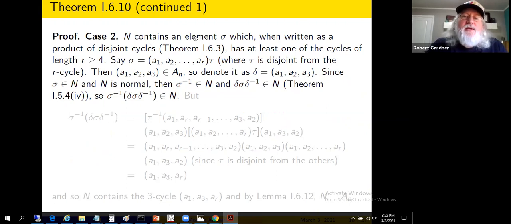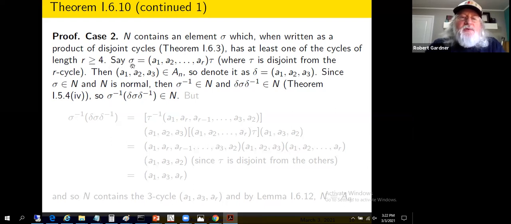Case 2, N contains an element sigma, which, when written as a product of disjoint cycles, I told you we'd be writing permutations as products of disjoint cycles a lot. I guess it's theorem 1.6.3 that lets us write every permutation as a product of disjoint cycles. Written as a product of disjoint cycles, it has at least one of the cycles of length greater than or equal to 4.